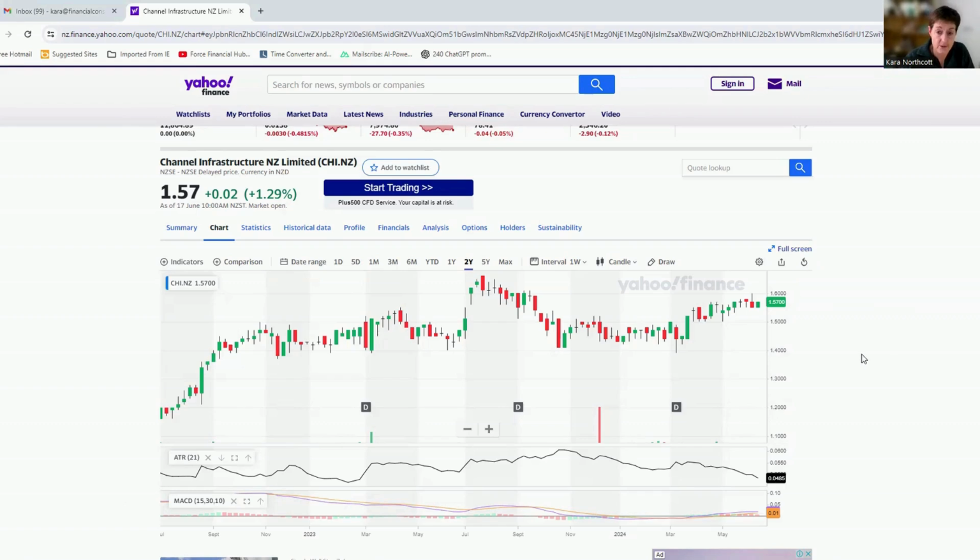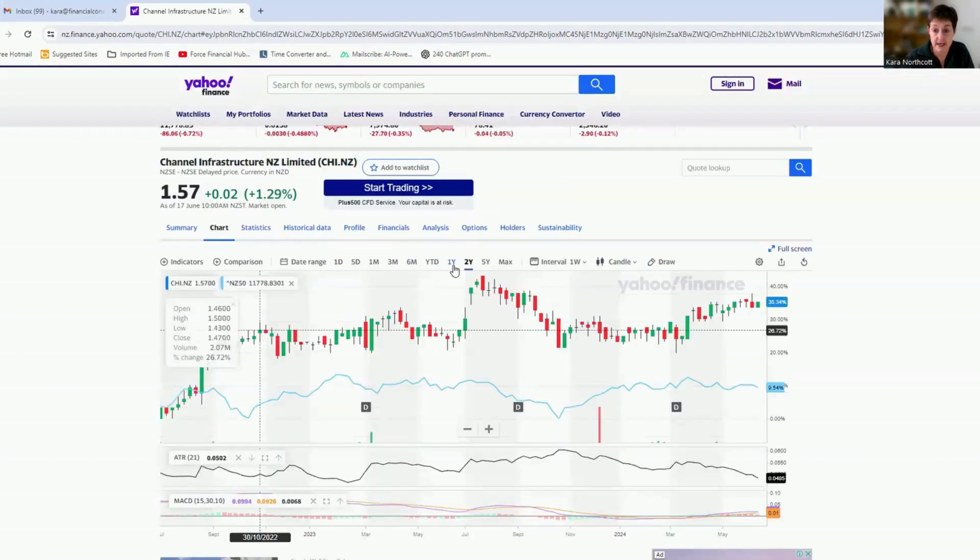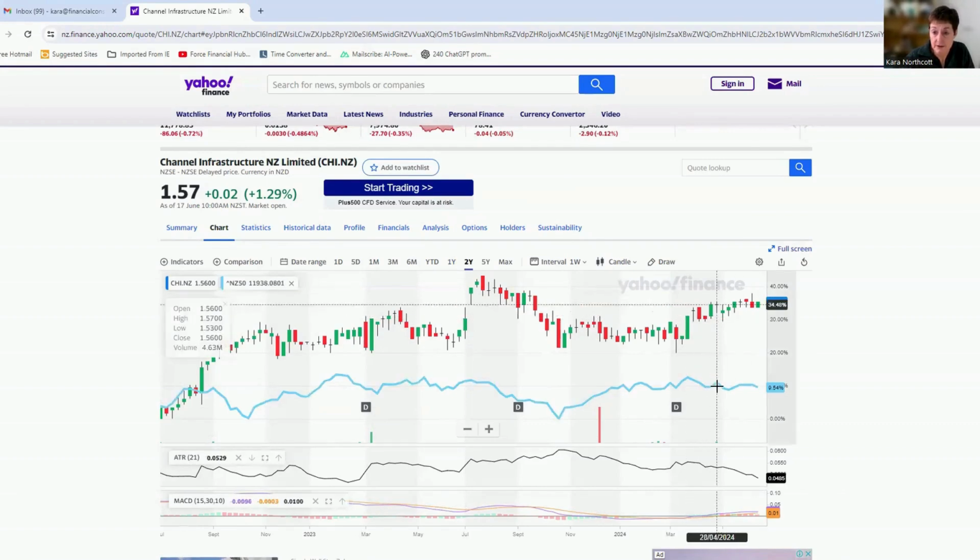Right, what I then want to do is I put on the NZSX 50, and I want to make a comparison, in this case, against channel infrastructure. And this blue line down the bottom is the New Zealand market, and obviously above it is exactly where channel infrastructure is trading. These are weekly candles, I've got it over a 2-year period.